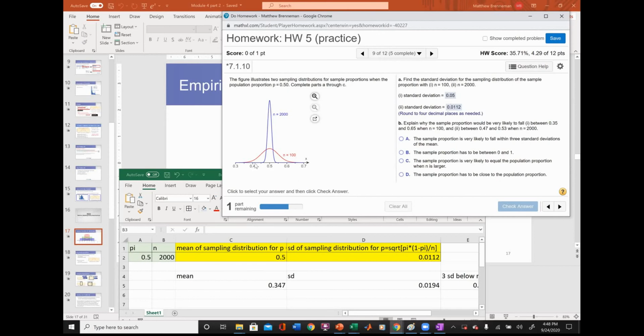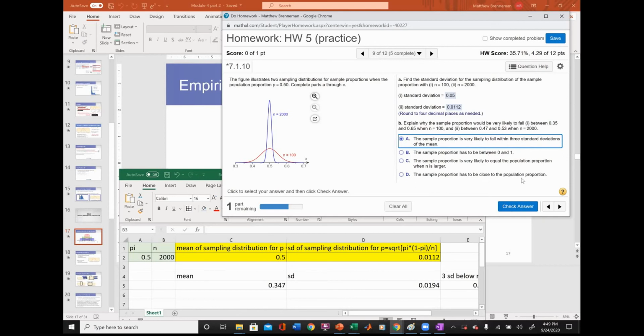Which means that values should be between 0.35 and 0.65, right? If I take 0.5 and I multiply this by 3, 0.15 below 0.5 is 0.35, and 0.15 above 0.5 is 0.65. Okay. So again, and you can check that that's also true for the other one, but it is.